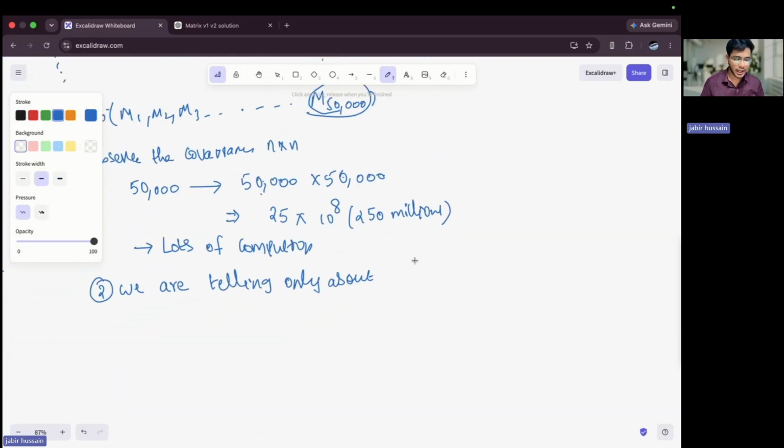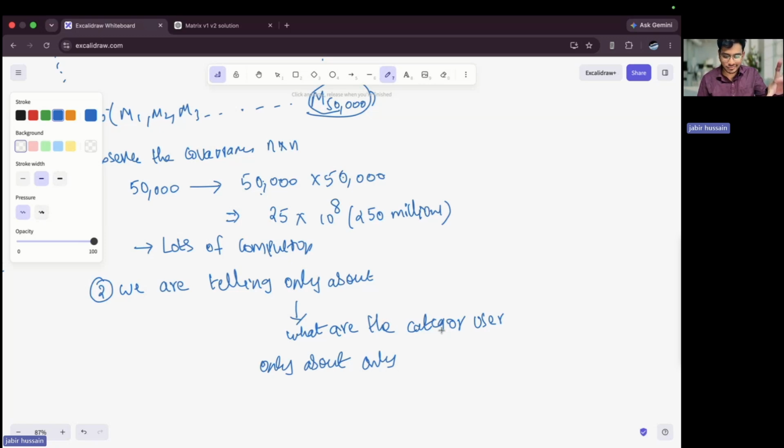Similarly, here I can tell what are the categories of users. I will be talking only about users. I cannot talk about movies. That is one-sidedness. PCA tells you one-sided data. It can tell you about only students, only users.